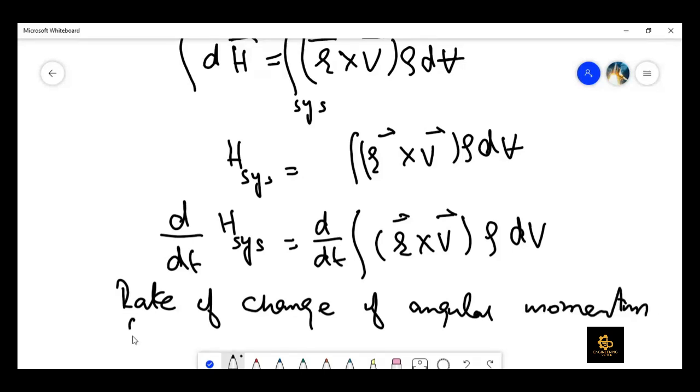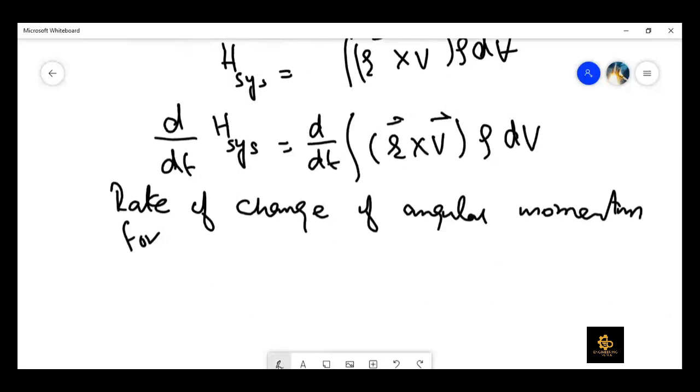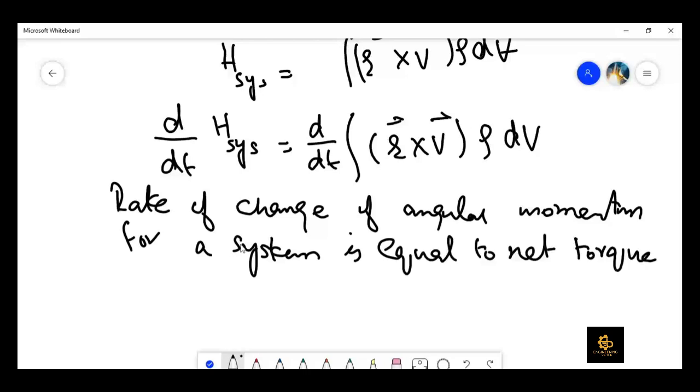So now we know that the rate of change of angular momentum for a system is equal to the net torque applied on the system.